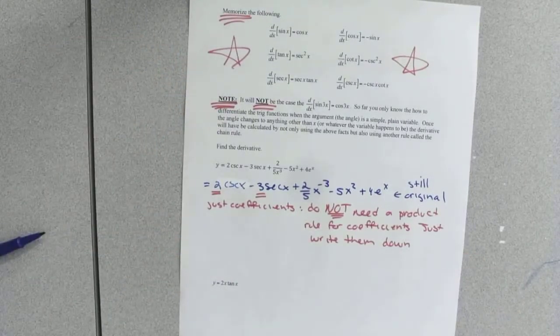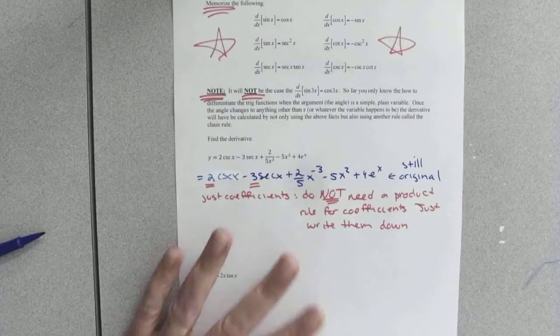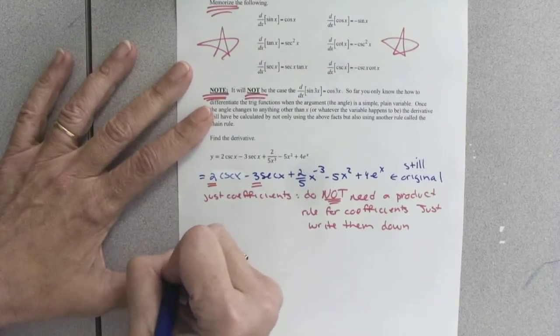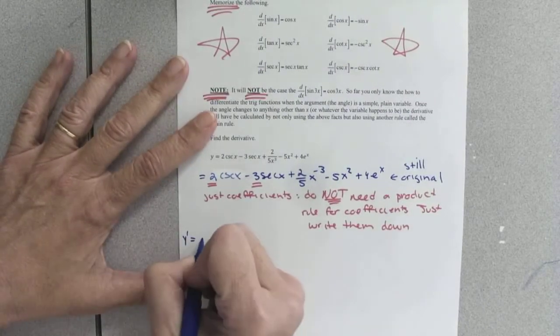One of our basic rules was that numeric coefficients just kind of hang out, that you don't need to really worry about them. But after I teach people the product rule, they start doing the product rule all the time. It wouldn't be wrong to do the product rule here. It's just overkill. And invariably, people that use the product rule on coefficients do the product rule wrong. You don't need it.